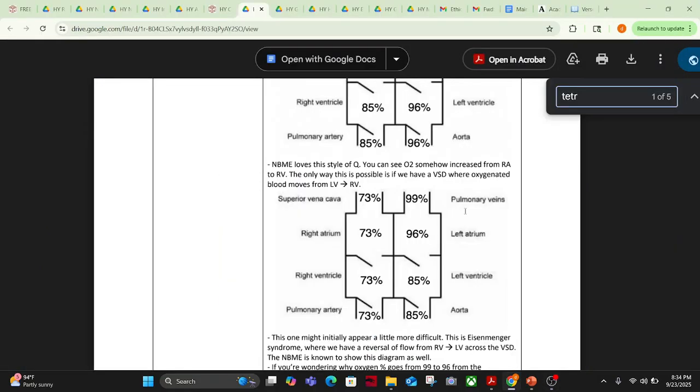So I would like to clarify what I said, because this is where we all get tripped up. Here it says, in Eisenmenger syndrome, we have a reversal of flow from the right ventricle to the left ventricle across the VSD. Eisenmenger's always starts off with a left to right shunt, meaning blood goes from the left ventricle to the right ventricle.